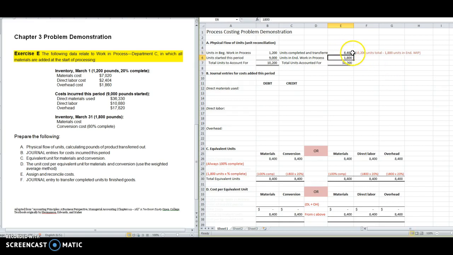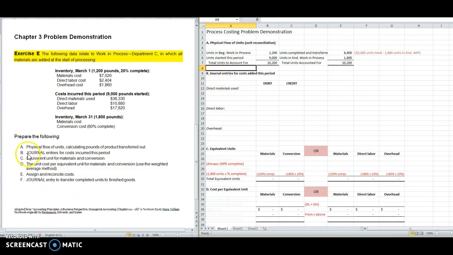And we find that we had 8,400 units completed and transferred. So again, in the reconciliation, both of these totals must agree. The first column tells us what we were working on, and the second column tells us what happened to those units. Was it completed or not completed?